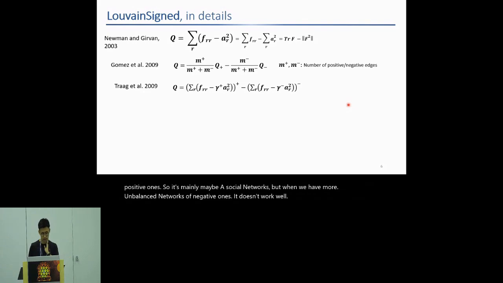So then Traag also tackled this question and tried to improve how we can identify communities, including resolution, in this case the gamma here. So by modifying the resolution in both positive and negative ones, we can find larger or smaller communities.